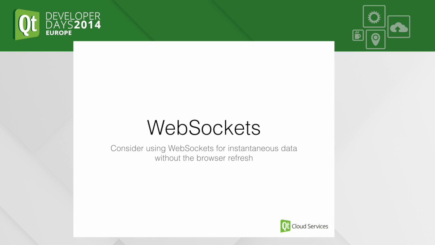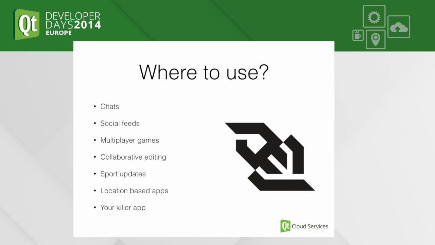WebSockets. What are those? They are made for real-time messaging between server and clients, and the server can also send messages to clients. It's very handy, especially in chat applications, and in social feeds, where the feeds get updated automatically.